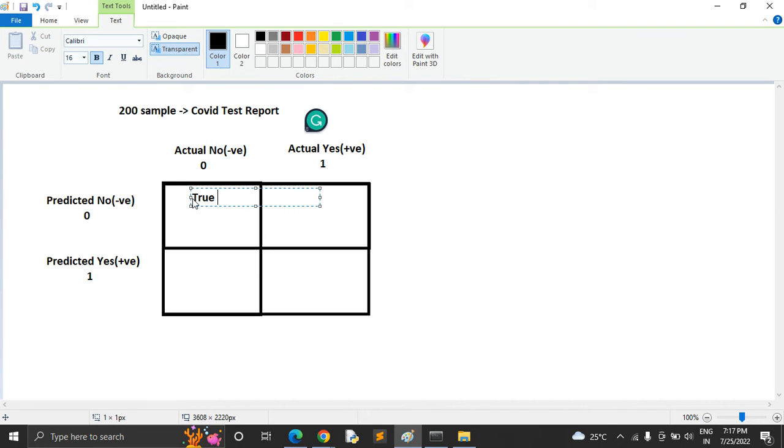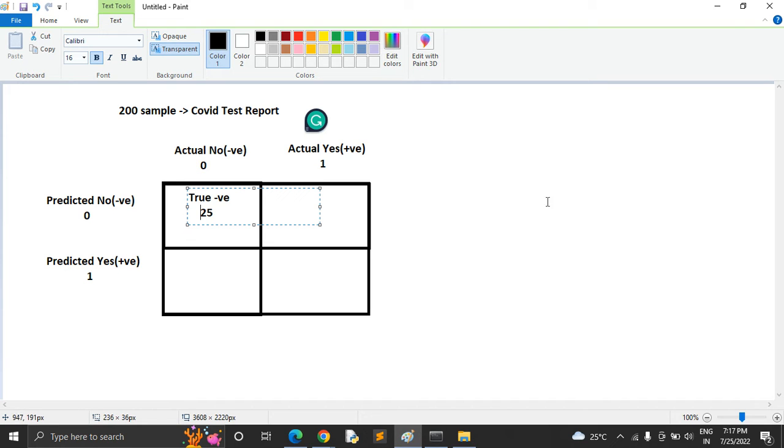So this situation here is called true negative. That means your model has successfully identified all those people who are actually negative. Let's say there are altogether 25 patients who are actually COVID negative in reality, and the model also says that they are COVID negative.